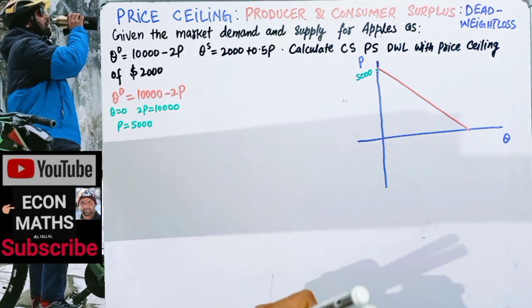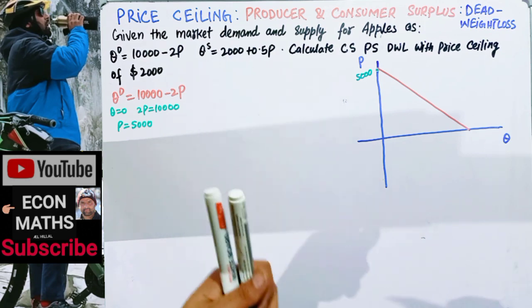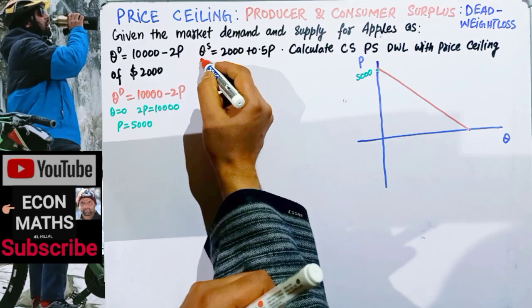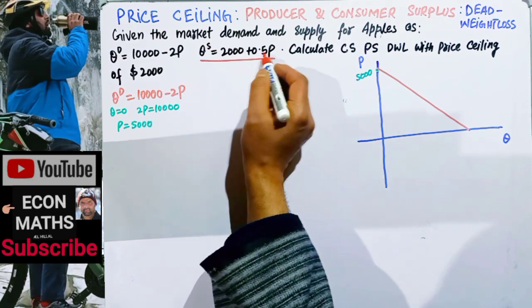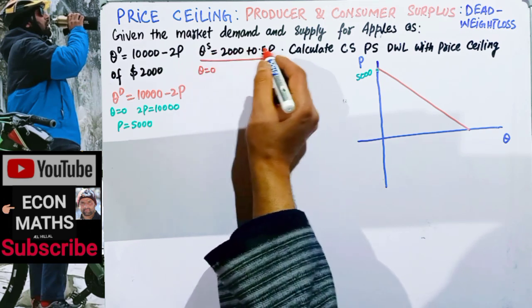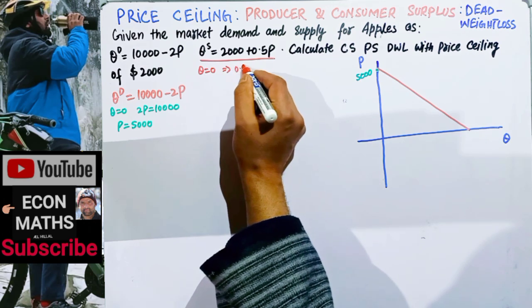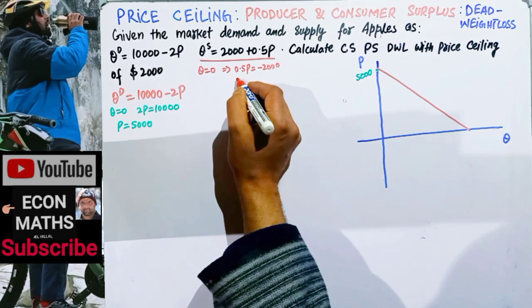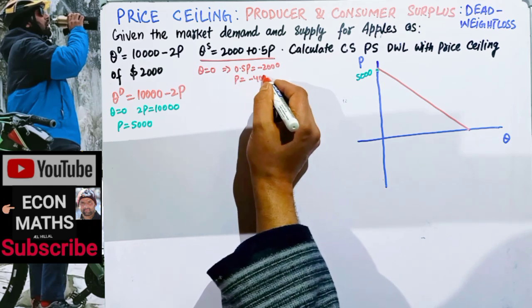Okay, same thing we will do for the supply function. Given this supply function, let us find out the price intercept. When q is equal to 0 in this equation, that implies 0.5p is equal to negative 2000, which will give us p will be equal to 2000 upon 0.5, which comes out to be negative 4000.